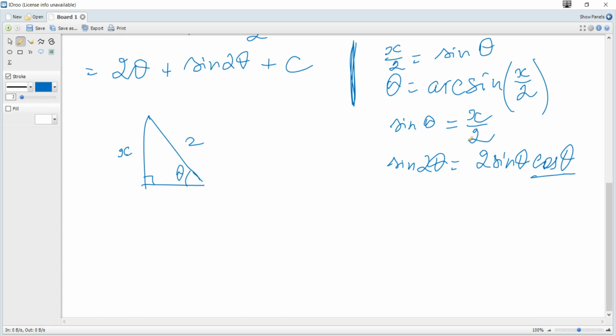We can take absolutely any values. And then we find this side using the Pythagoras theorem. So it becomes square root of 4 minus x squared. And then cosine is just root 4 minus x squared divided by 2.